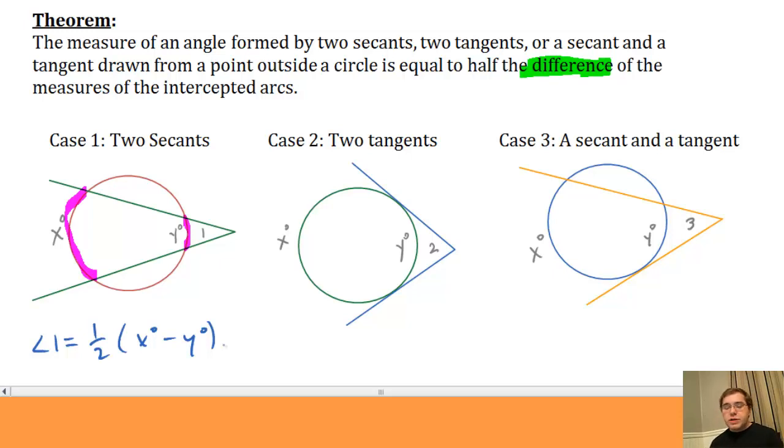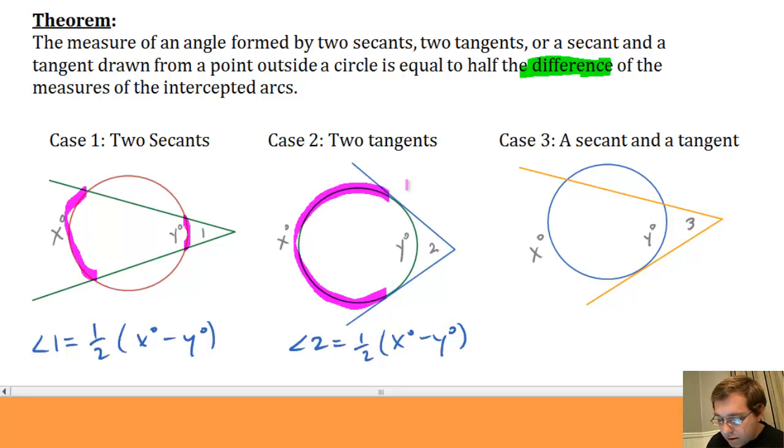In case 2, we've got two tangents, where the vertex is outside the circle. Tangents, remember, just touch the circle at exactly one point. So angle 2 is going to be half the difference of x and y again, where the two intercepted arcs are that one and that one, x minus y again.